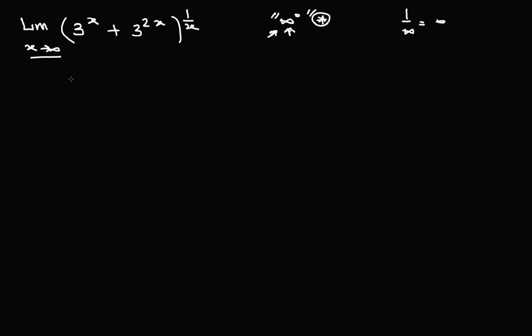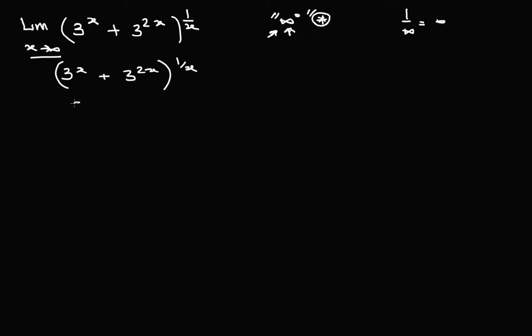All right, so what are we going to do differently now? Again, I'll just ignore the limit, then I'll put it back at the right time. So here we have 3x plus 2x, right? And then we have 1 over x here. Now we are going to try and see if we can create our fraction like we discussed.